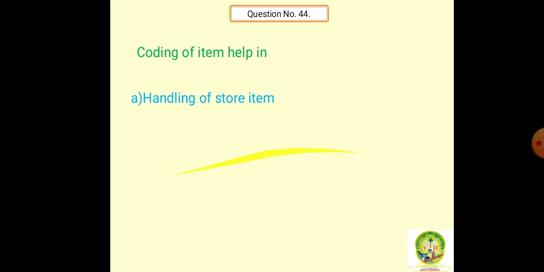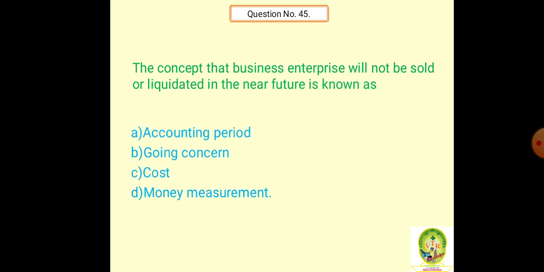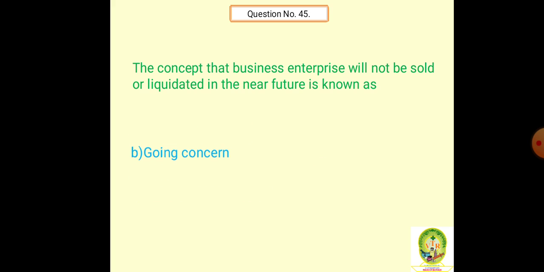Right answer is A. The concept that business enterprise will not be sold or liquidated in the near future is known as, options are A. Accounting period, B. Going concern, C. Cost, D. Money measurement. Right answer is B.